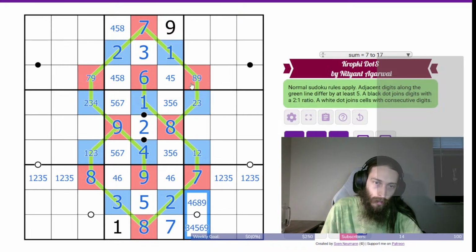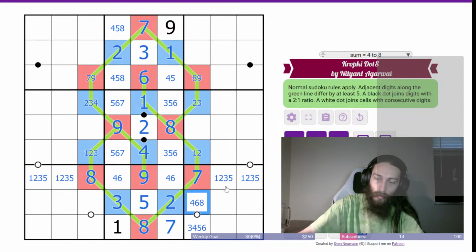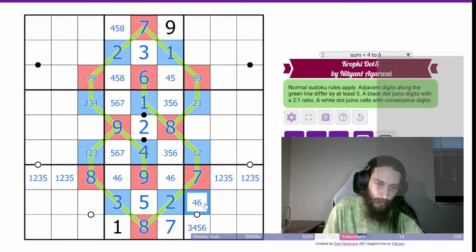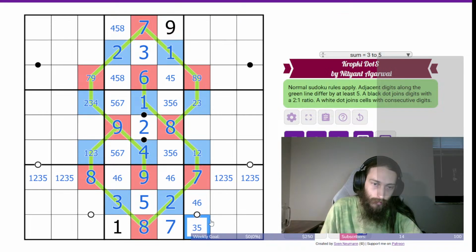You can't use 9 because that would pair with an 8, which would break the 8, 9. 8 now can't pair with anything because it would have to pair with a 7. This is even, so this must be odd. 3, 5, 7, 9, and 1. Or I guess 1 there.